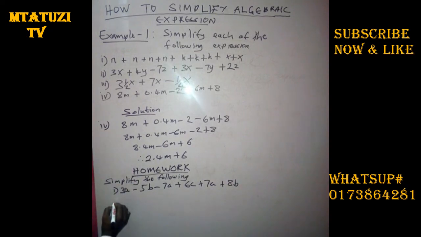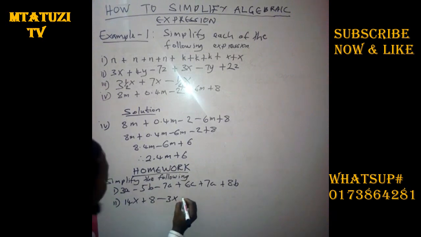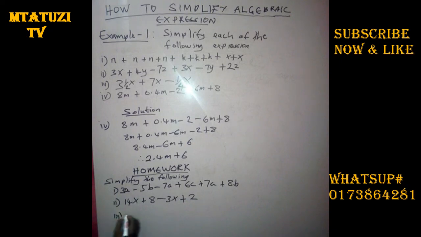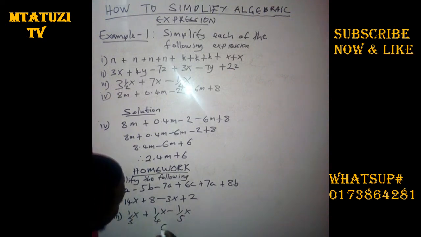That is question number 1. Number 2: 14x plus 8 minus 3x plus 2. The last one is 1 over 3x plus 1 over 4x minus 1 over 5x. Okay, this is the end.